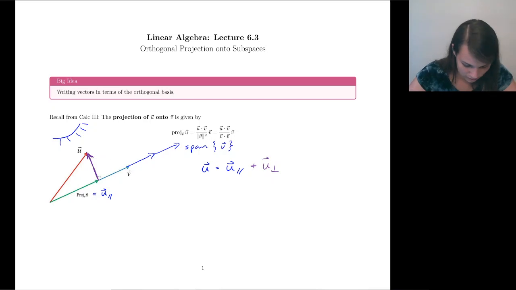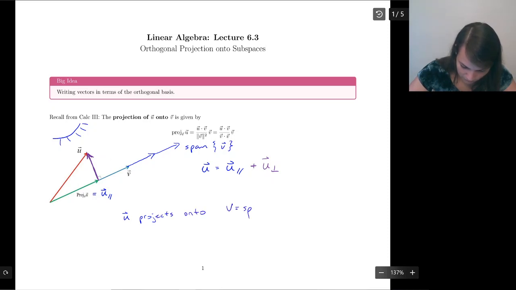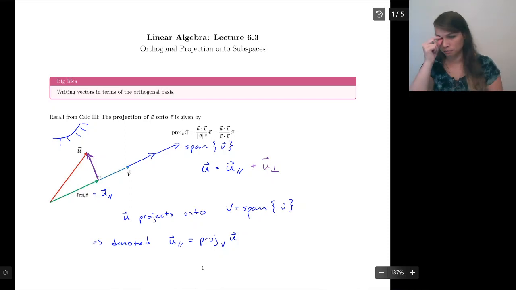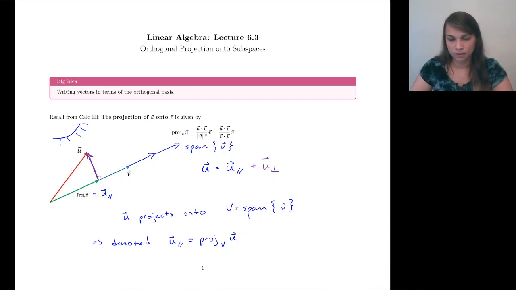So we could say that U projects onto the span of this little V, and we would denote that U parallel is equal to the projection of U onto, and we're going to use big V, not V the vector now.